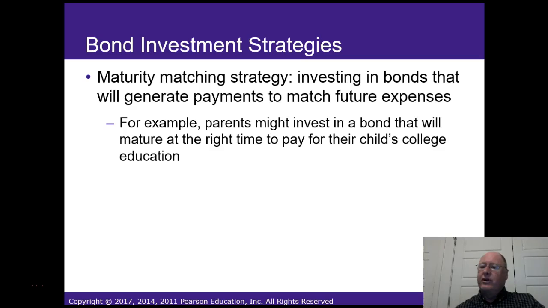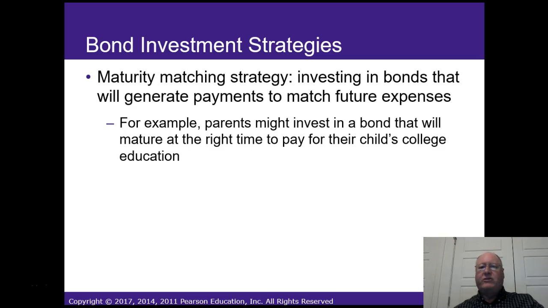There's also what's called a maturity matching strategy, where you look at your cash flows and determine that at some point in the future, you're going to need to have this investment cashed out, in essence. And so you want to invest until the time that it is going to be cashed out.